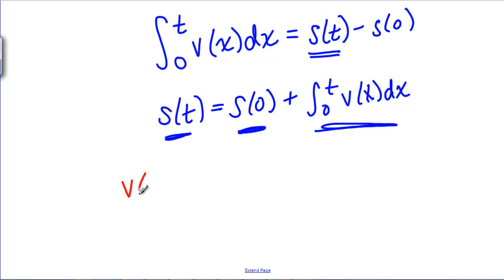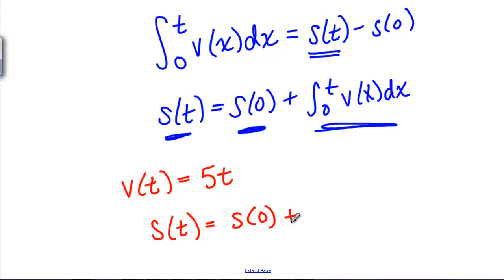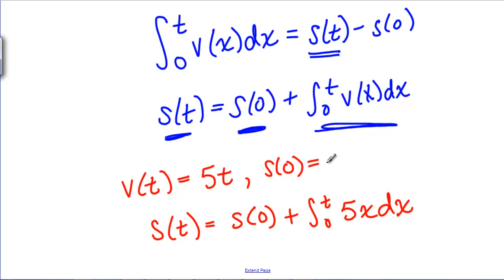For example, if we have a nice simple velocity function like v(t) = 5t, then the position function is whatever the original position was plus the integral from 0 to t of 5x dx. Note that we can't find this position function unless they give us an initial condition. So let's say the velocity is 5t and we start at 12.